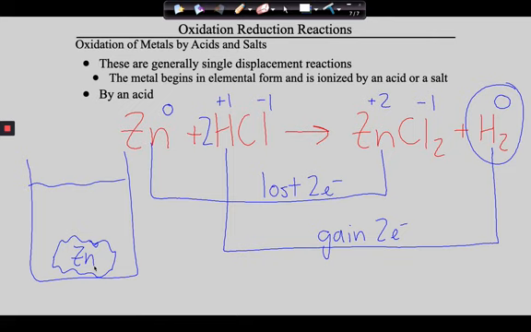But then the zinc is in a beaker of HCl. Will there be any HCl in the beaker? No. Why not? It's a strong acid. It completely breaks apart. So we will have hydrogen ions and chloride ions in solution.